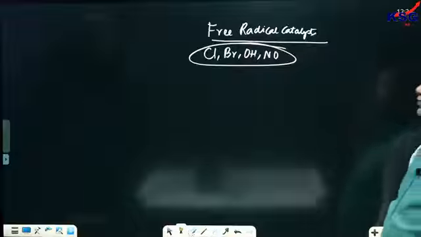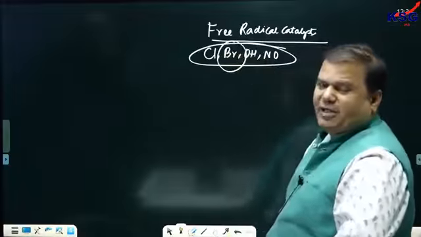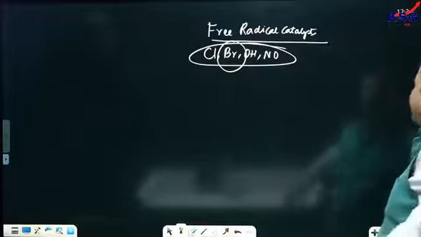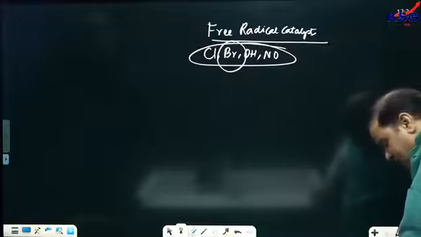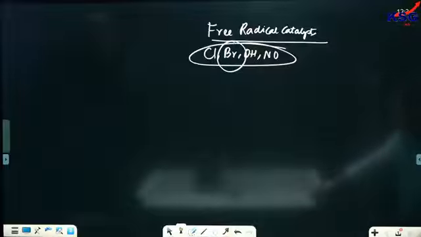Among these free radical catalysts, bromine does the maximum damage.